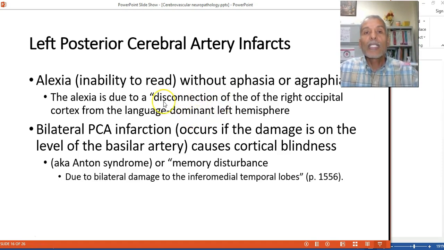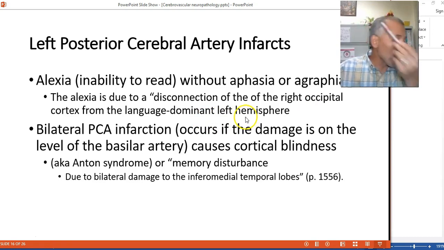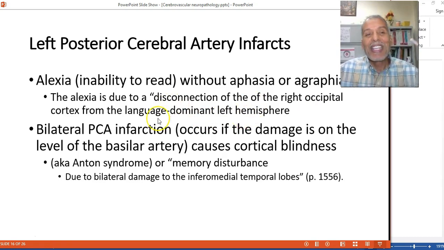The reason is that the right occipital cortex is disconnected from the language centers of the left hemisphere. As a result, the person cannot integrate, they cannot read.